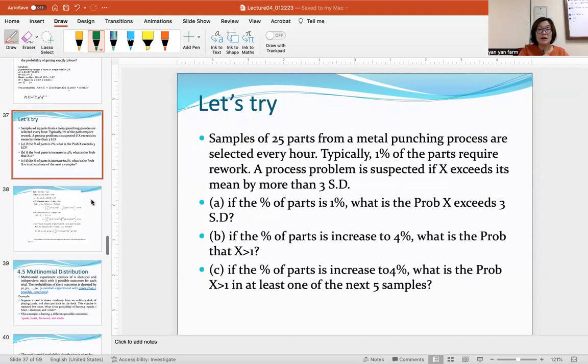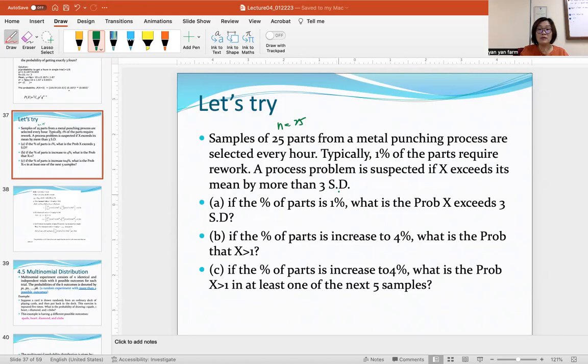The one that we should discuss is this question. Let's try this part. A sample of 25 parts, so this is n equals to 25. Typically 1% of parts require rework. A process problem is suspected if X exceeds its mean by more than 3 standard deviations.